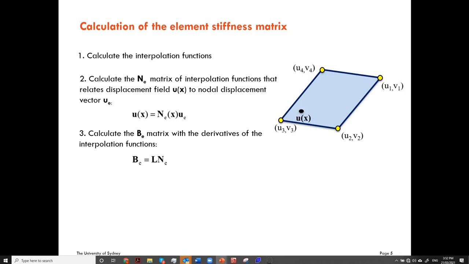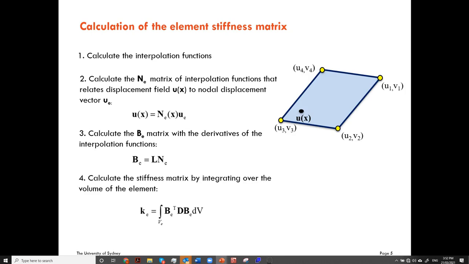We calculate the B matrix using this equation, and then we can calculate the stiffness matrix by doing this integral of the matrix multiplication between the transpose of the B matrix, the stress-strain relations, and the B matrix here. So we need to do this integral over a matrix, and this gives us the element stiffness matrix.